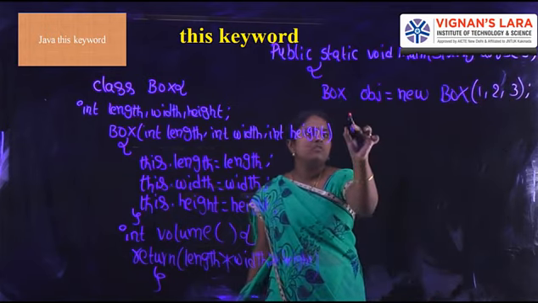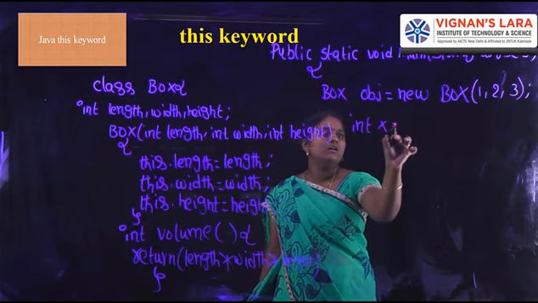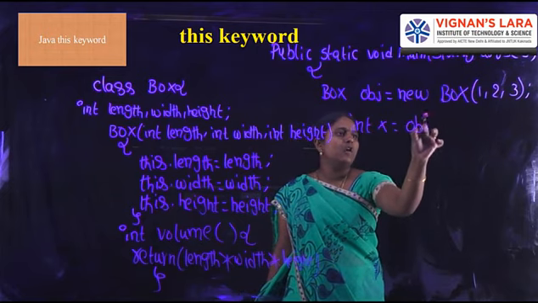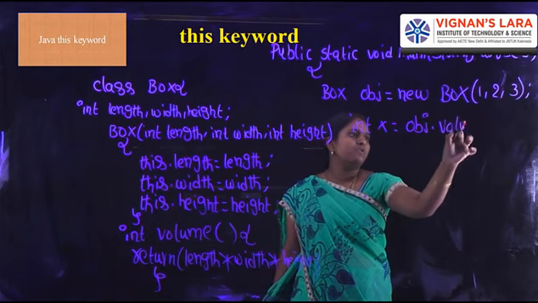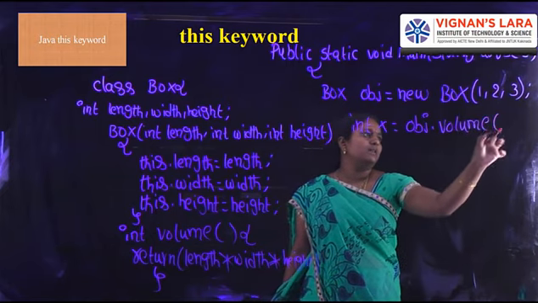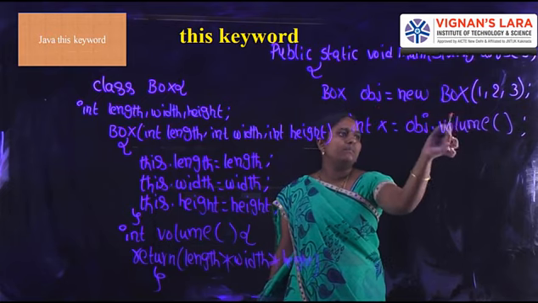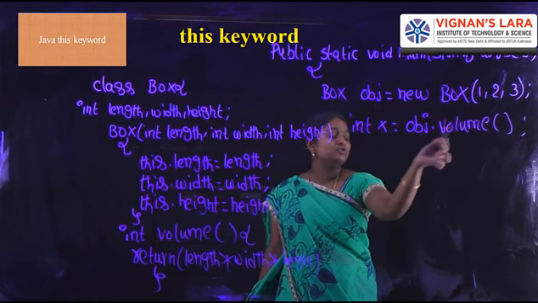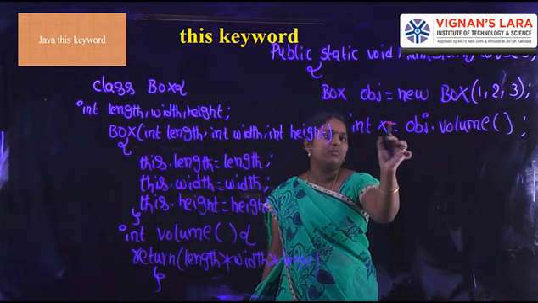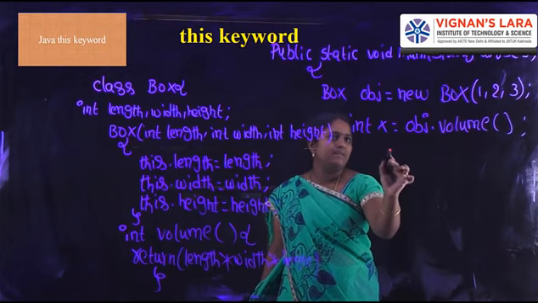Then I am calling the volume method. Volume is an instance method; with the help of the object name we can call the method. The volume method returns a value, which is stored in the x variable, of integer data type.